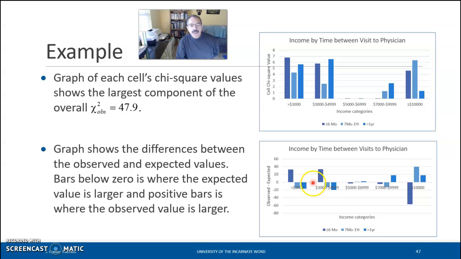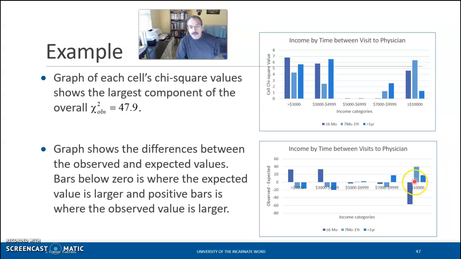But you can see, for example, for low incomes, people tend to visit the doctor more frequently. In other words, in the first 6 months, more than expected. Whereas for people with very high income, the frequency of visiting doctors is less than what is expected for the 6-month period, but not for the 7-month to 1 year period.